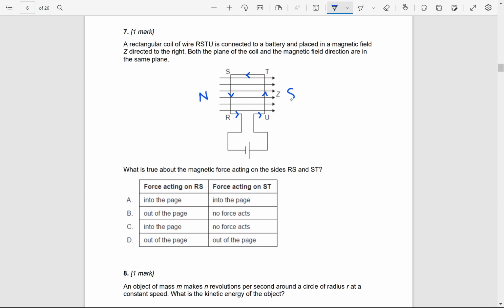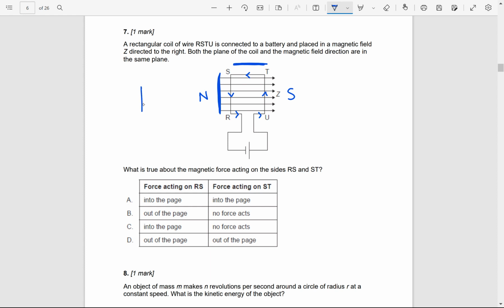So we've got a field north to south, and then we have a current going up here, across to the left, down, and then across to the right. And it's asking about the magnetic force, so the force acting on the sides RS, so this one, and ST, and that one.